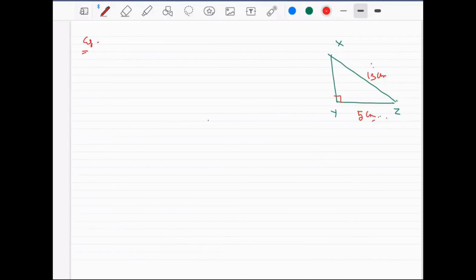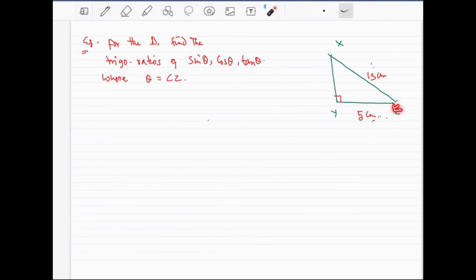The question wants us to find the trigonometric ratios of angle Z. So the question says: for the triangle, find the trigonometric ratios of sine theta, cos theta, tan theta, where theta is equal to angle Z. I'm just doing the first three.